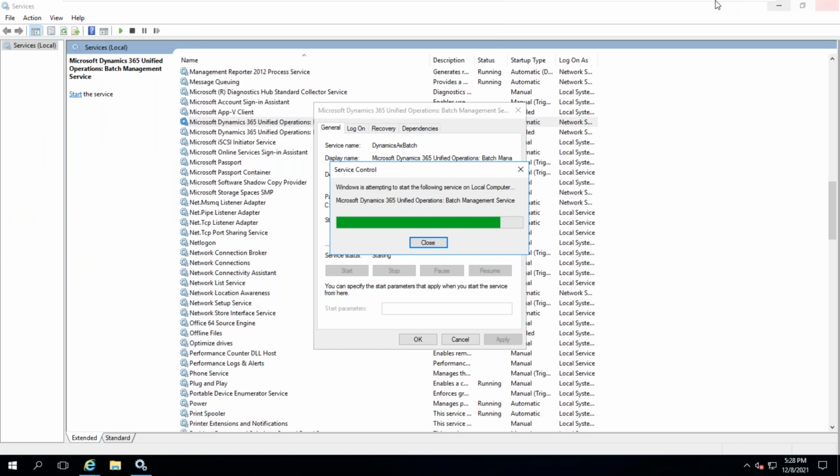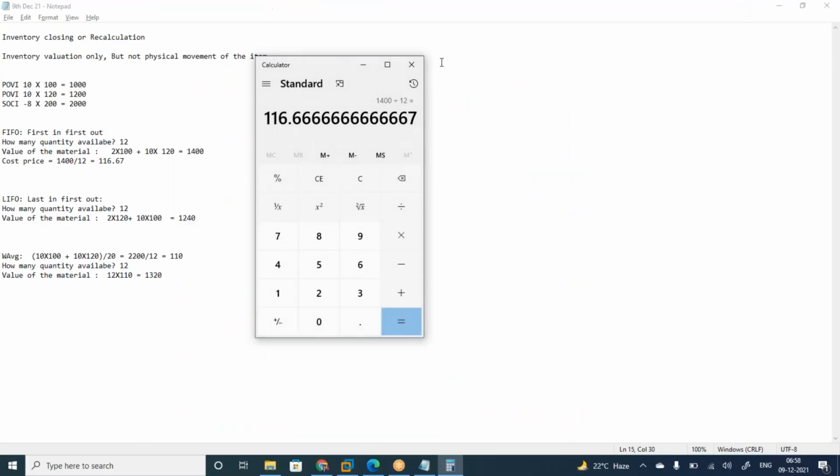But at the table level in SQL Server, it will save around 10 to 15 digits after the decimal.